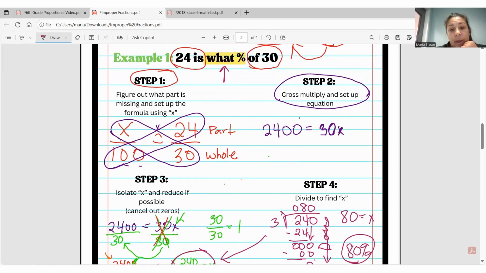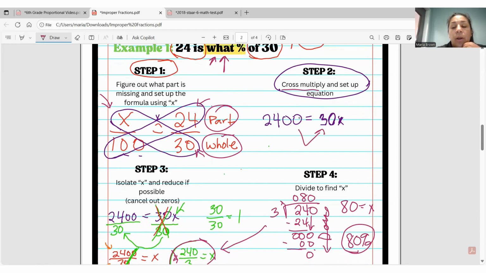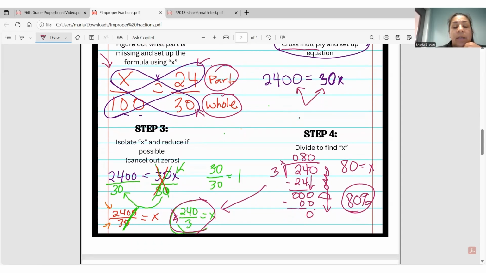I'm going to go back over just real quick. Remember, we were looking for the percent, so we plugged in x into the formula. We found the part, and we found the whole, and we plugged it in accordingly. After that, we had our whole problem set up. We cross-multiplied and got 2,400 equals 30x. Then we had to get x by itself, and in order to do that, we did the opposite of multiplication.